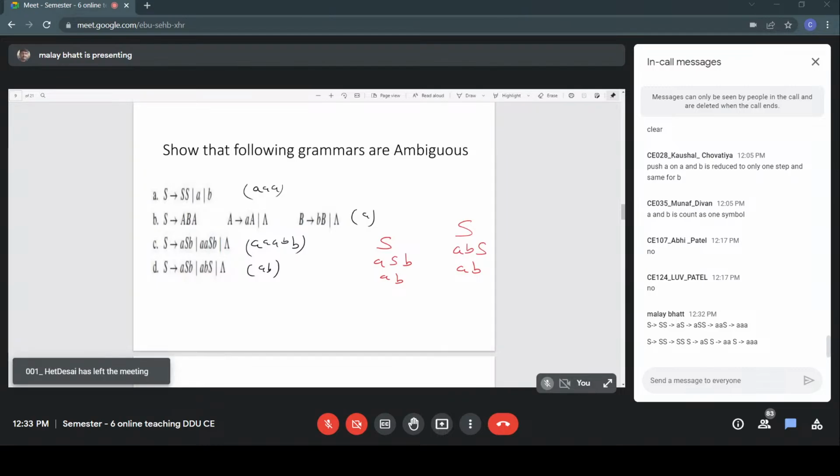Ideally, you should find out the string, but here it is already given. If it is clear, you can do that easily.